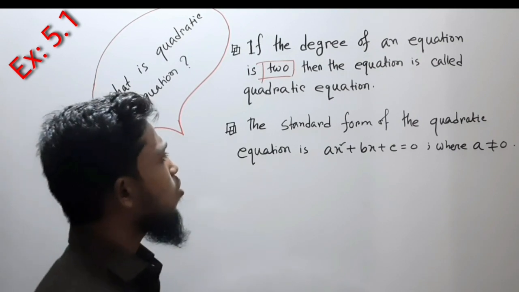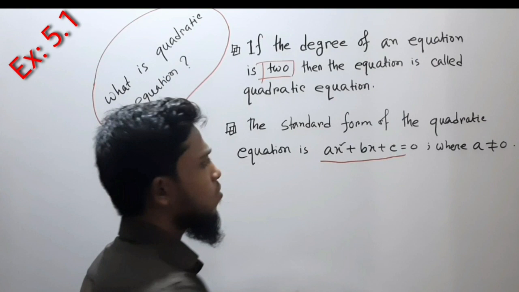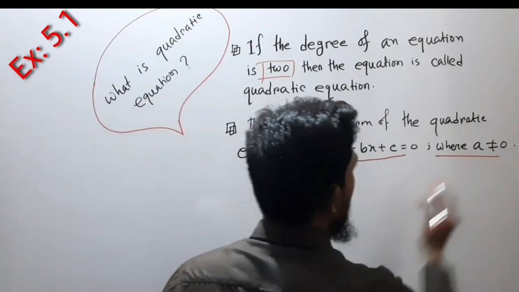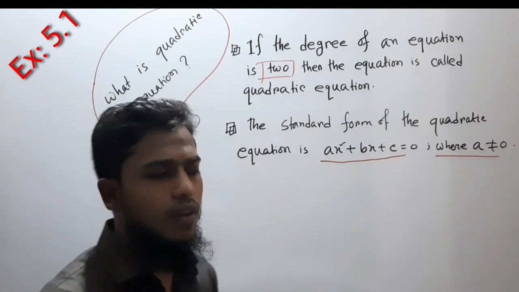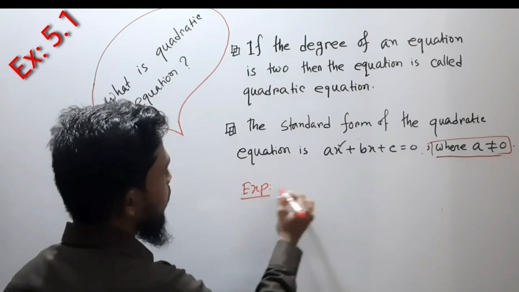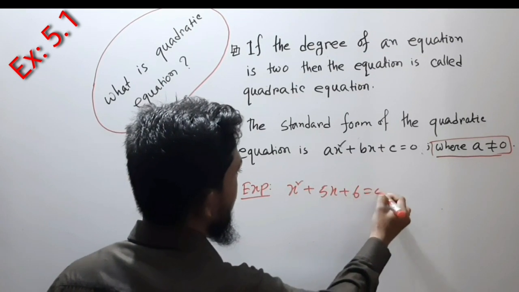The standard form of the quadratic equation is ax square plus bx plus c is equal to 0, where a is not equal to 0. This is the condition of a quadratic equation. Examples of quadratic equation: x square plus 5x plus 6 is equal to 0.